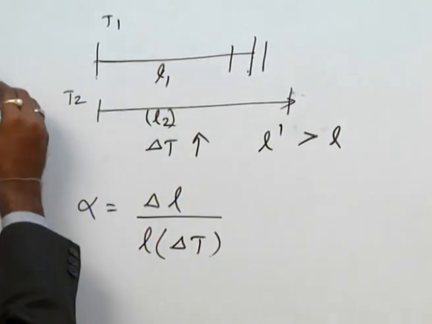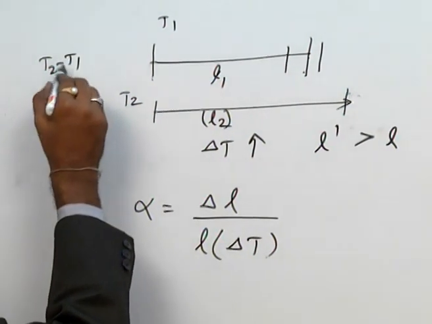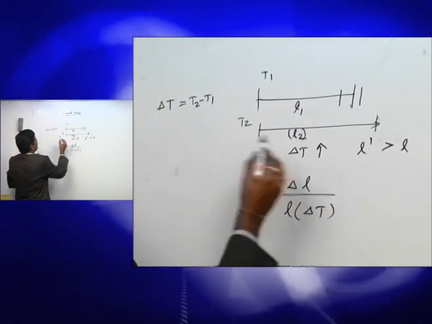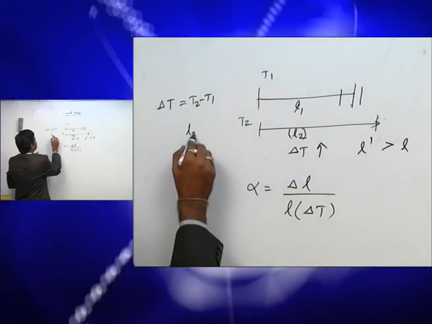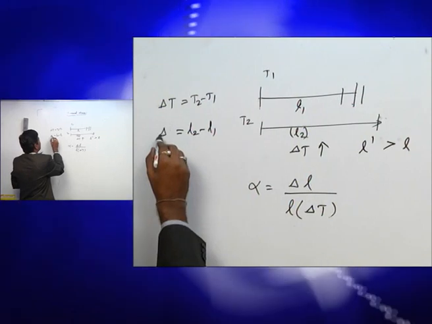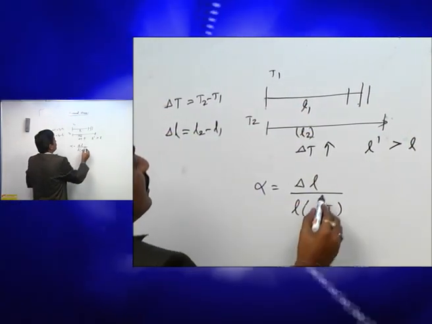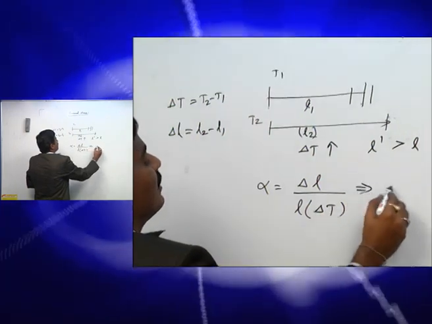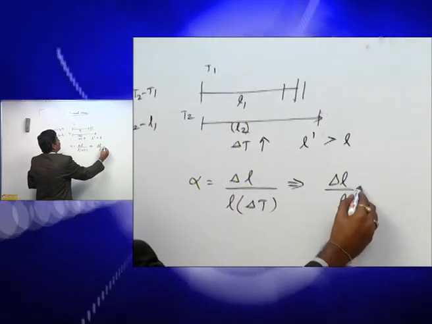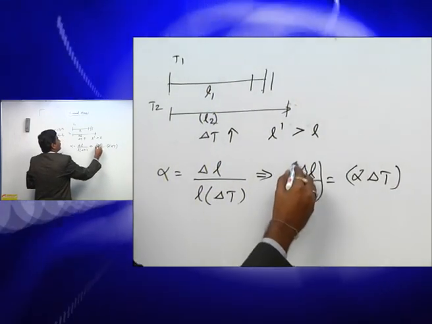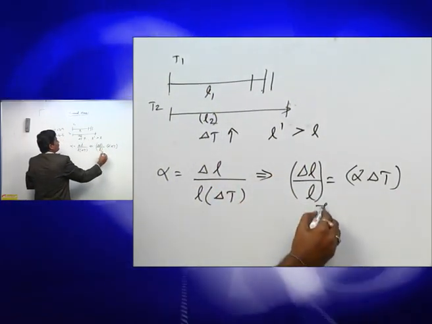So T2 minus T1, this is the temperature difference, and the length difference L2 minus L1 is equal to delta L. According to this, delta L by L is equal to alpha into delta T. This is because of thermal stress.